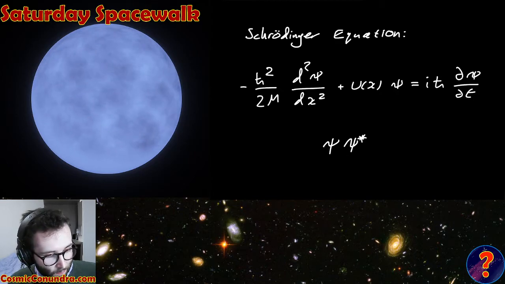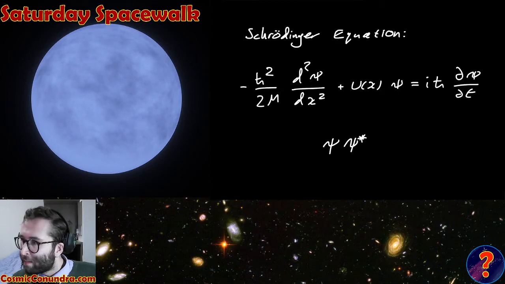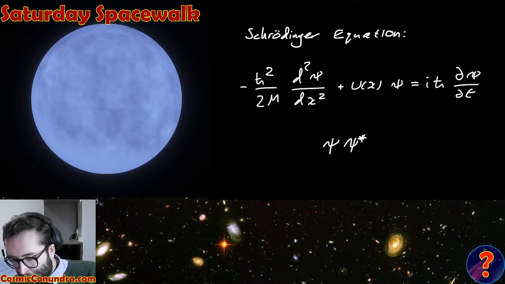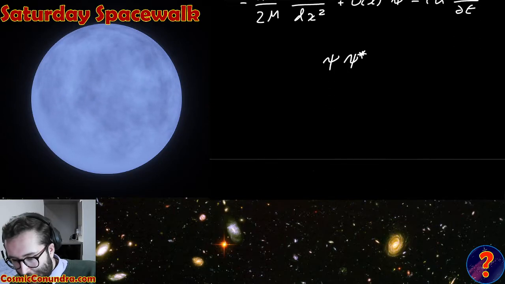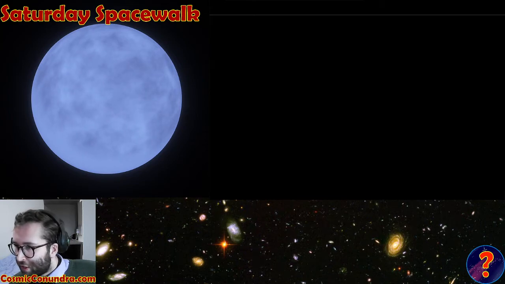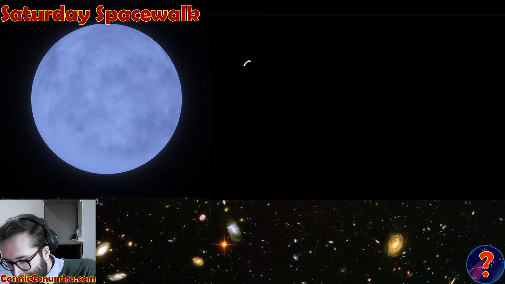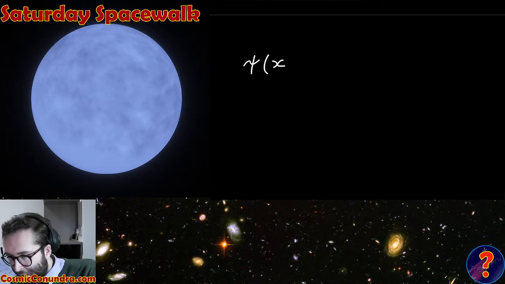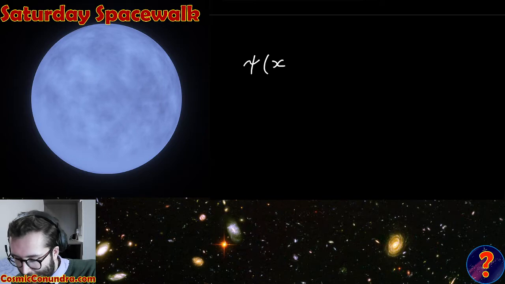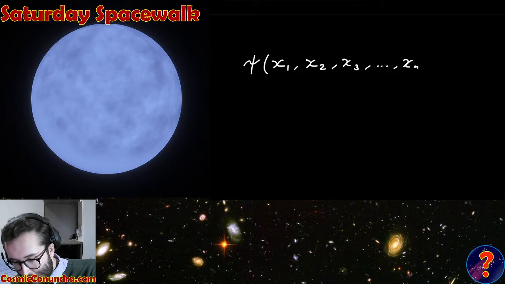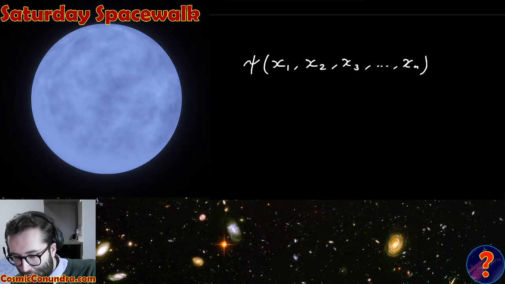So this wave function is the central object in the kind of quantum mechanics we're considering. And you can describe systems with multiple particles using wave functions. It really just means now we're going to add extra variables into the function for a multi-particle system. So this is how I can denote the wave function for an n-particle system.